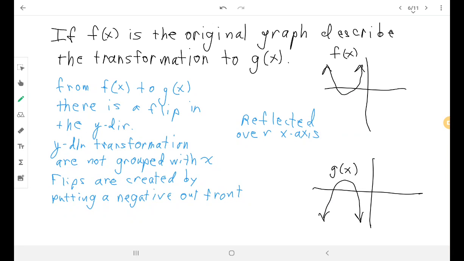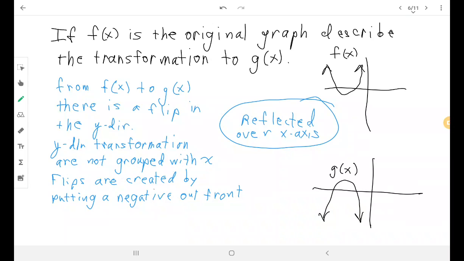And I'm not a huge fan of this terminology because it can be confusing. You see x-axis, and you can confuse it with the x direction and think you're going the other way. I like saying it's been flipped in the y direction. That's much clearer.